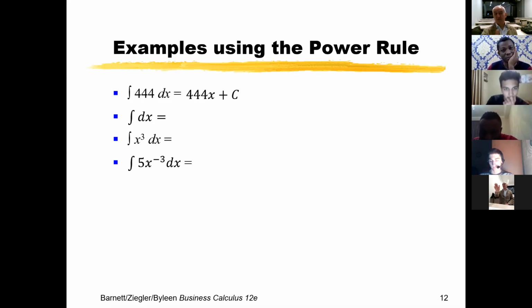Yes, because when we move out the constant, there will be integral dx. And you got it absolutely right, this integral is x plus c.